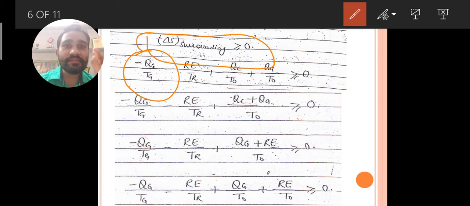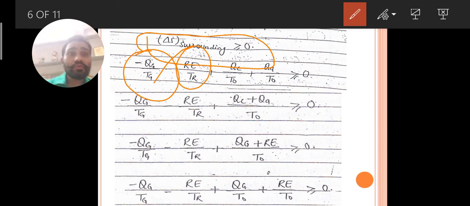That's why its sign is negative. So the delta S will be Qg divided by Tg, minus, again, the refrigeration effect, which is also energy leaving the universe and entering your refrigerator. It will also be negative. Now we are supplying the condenser and absorber energy to the universe, so there the terms are positive.